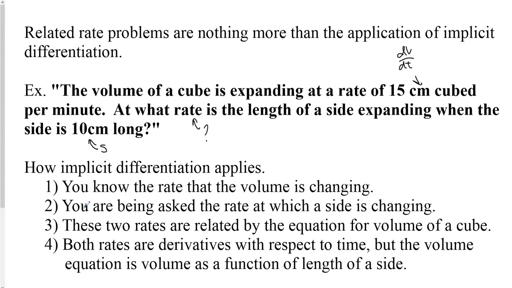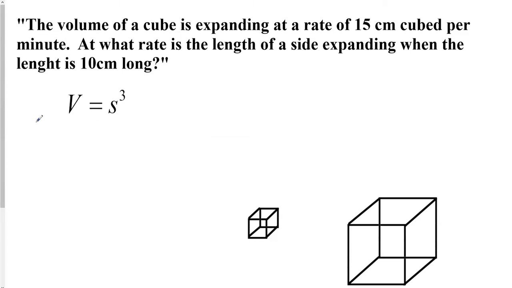These two rates, the rate at which the volume is changing and the rate at which a side is changing, are related because of the equation for the volume of a cube. Both rates are derivatives with respect to time, but the volume equation is just a function of the length of a side. Think of it this way.